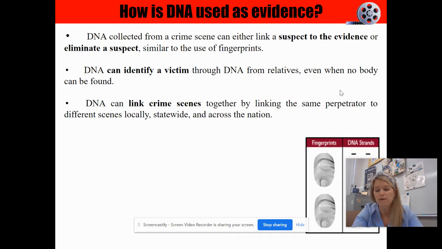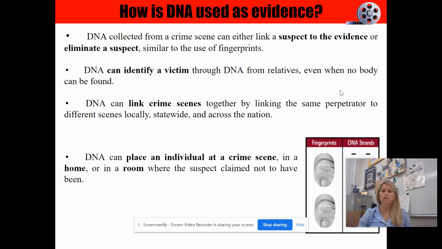And they were able to find his DNA later. They originally thought it was her boyfriend that did it, but then later they found his DNA at another crime scene, and then they were able to link it. And that way they were able to say, okay, this isn't the boyfriend's DNA, and this DNA was also at another crime scene, so somebody else is involved here. So that's an example of that.